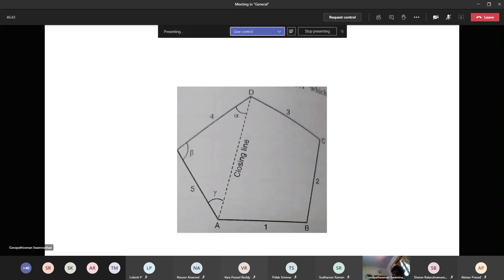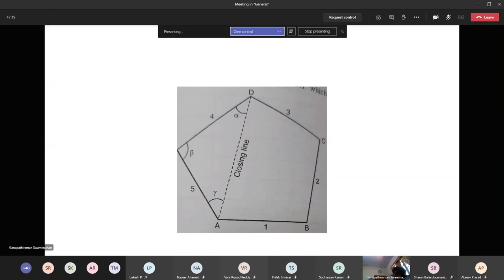I know the bearing of DE, so I can calculate the included angle alpha. Similarly, I know the bearing of AD, so I can calculate gamma. Beta can be calculated using the triangle principle: alpha plus beta plus gamma equals 180. Use the sine rule and solve the problem. Is that okay?